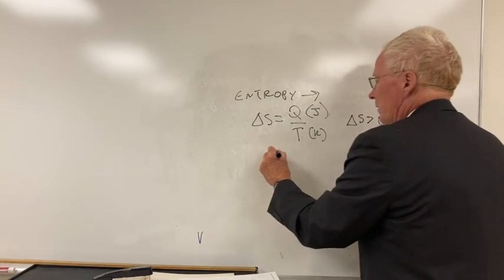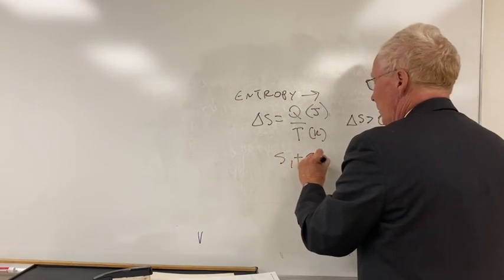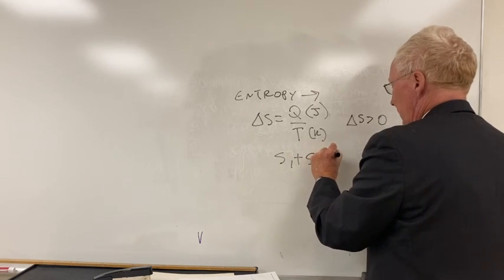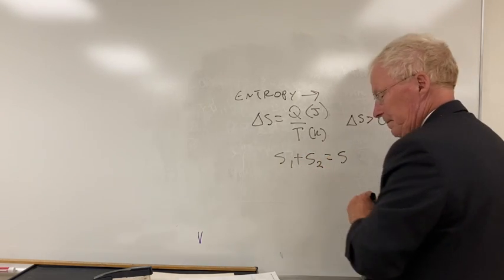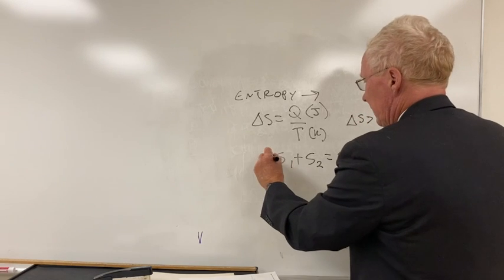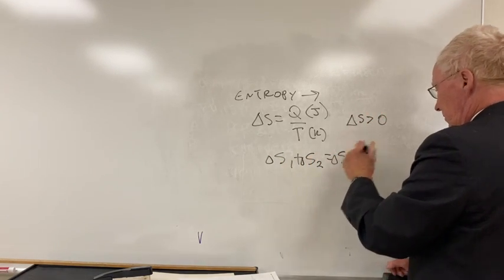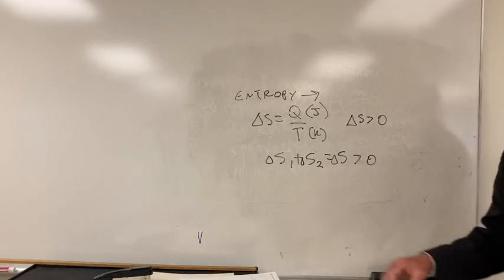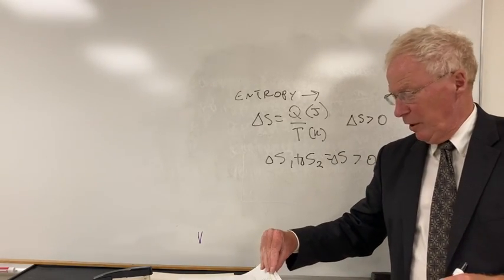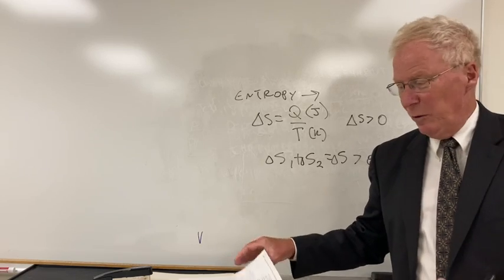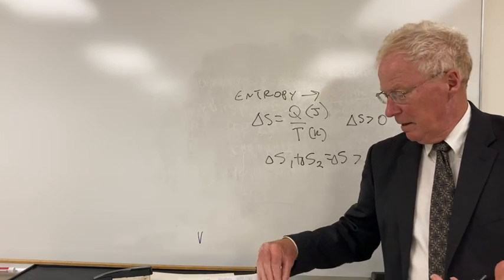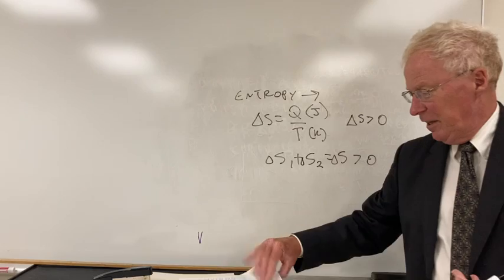So S1 plus S2 becomes S, delta S, which is going to be greater than 0. All right. So in any real system, the entropy always increases. All right, so that's chapter 15.